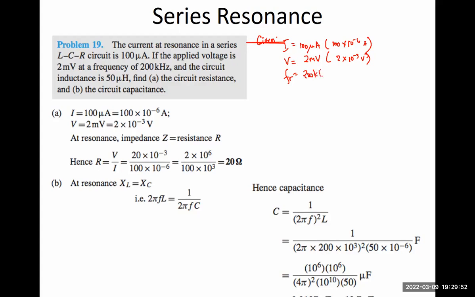So that is also equal to 200 times 10 to the 3 hertz. And the circuit inductance L is equal to 50 microhenry. And that is also equal to 50 times 10 to the, what is micro? 10 to the negative 6. Henry.